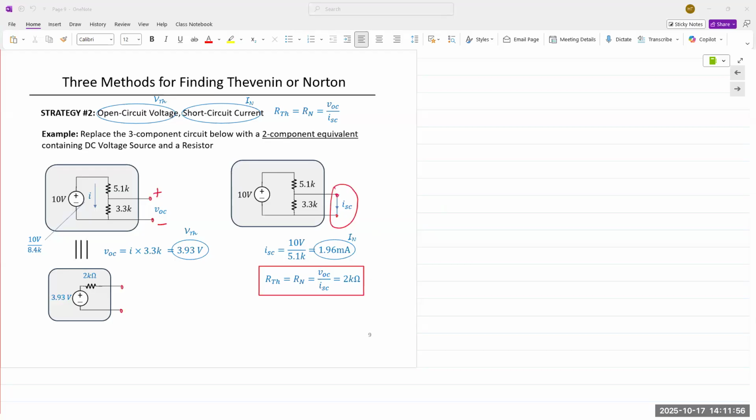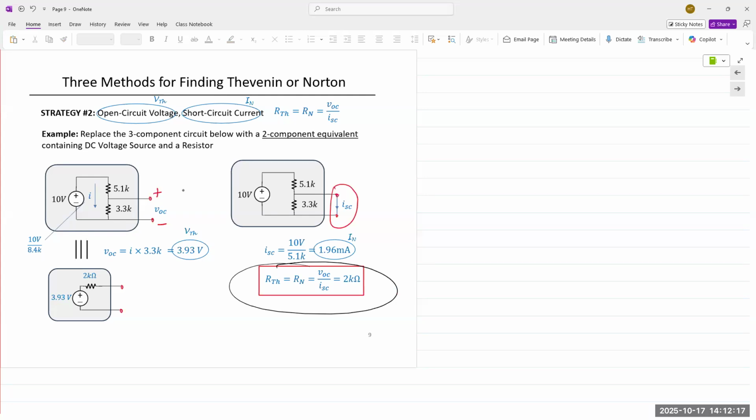So then, okay, so then we use Ohm's law to find RTH.